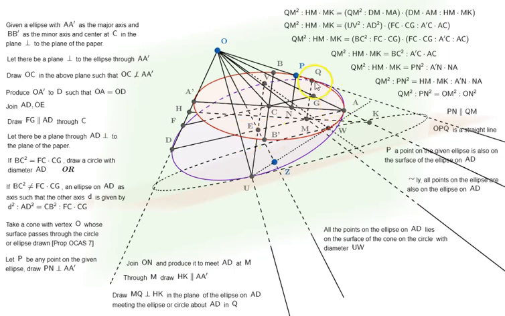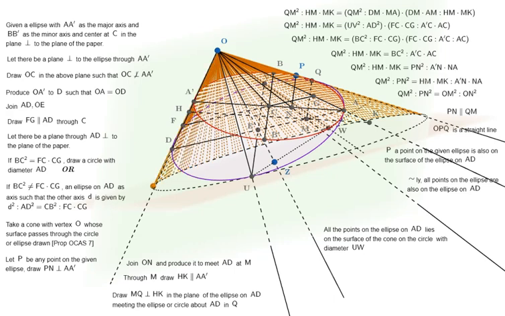So, given an ellipse on which we have a slanted OC, we can arrive at a cone of which this given ellipse is a section. So let me just do a little bit of animation so that you get an idea. So this is the cone that we have arrived at.